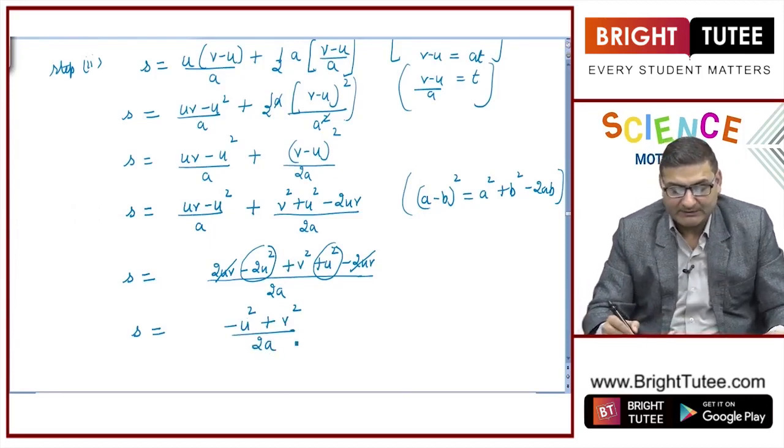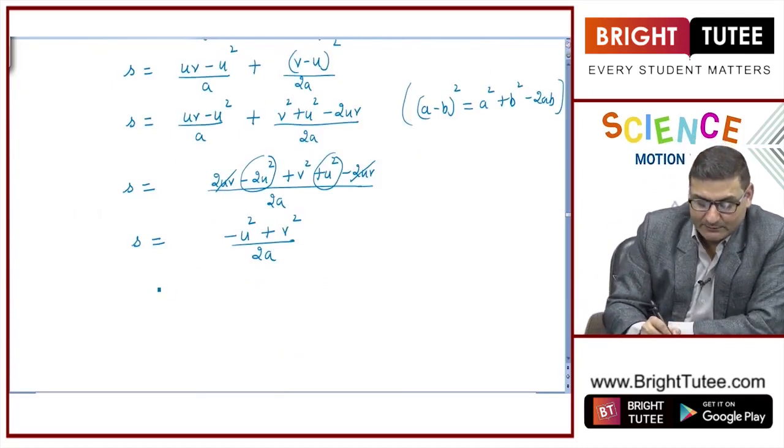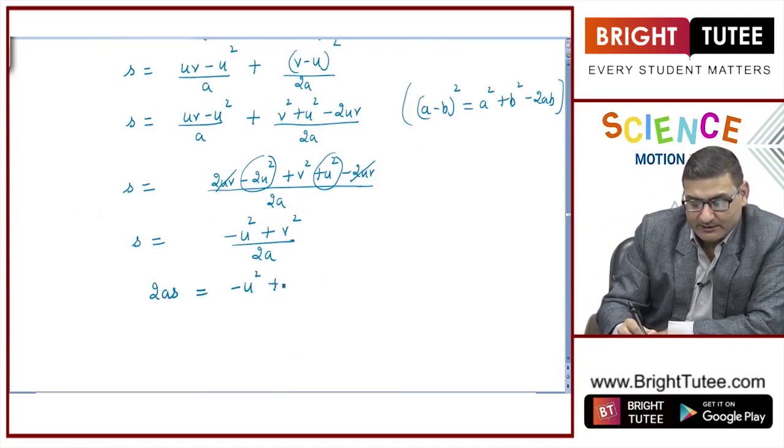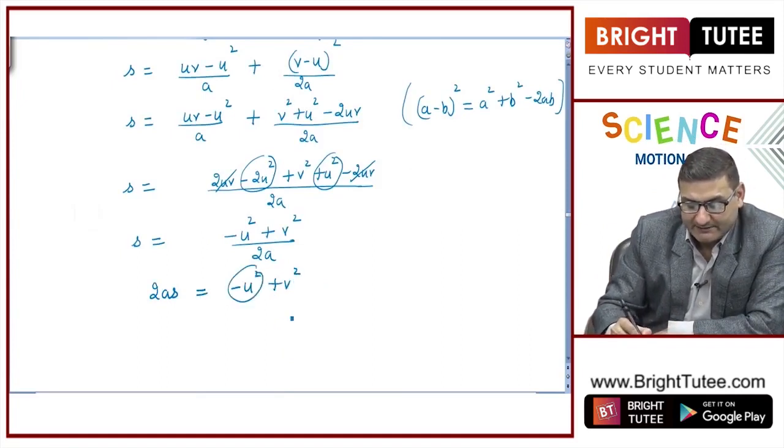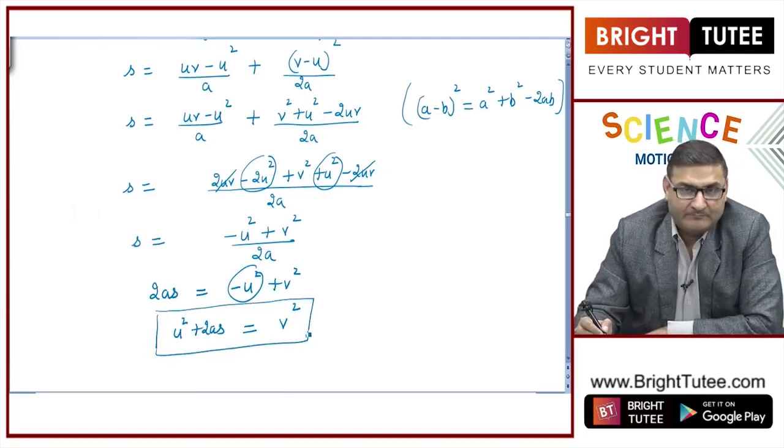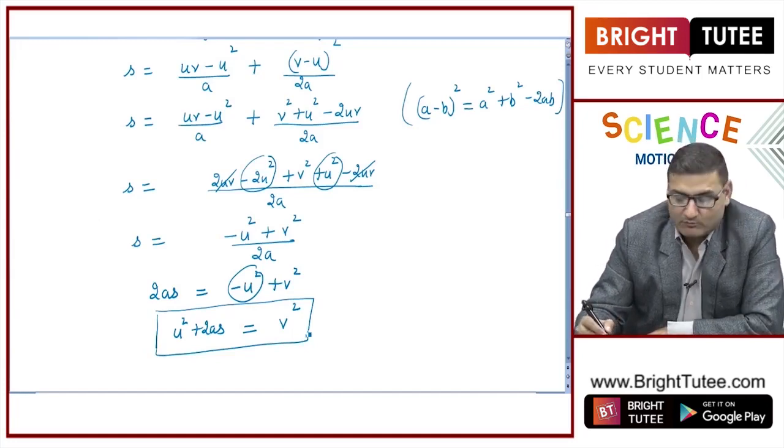Now, by cross multiplying, this equation becomes 2as is equal to minus u square plus v square. Taking u square to the opposite side, I will get v square is equal to u square plus 2as. Now, this is what actually I needed to derive. This is our third equation of motion, v square is equal to u square plus 2as.